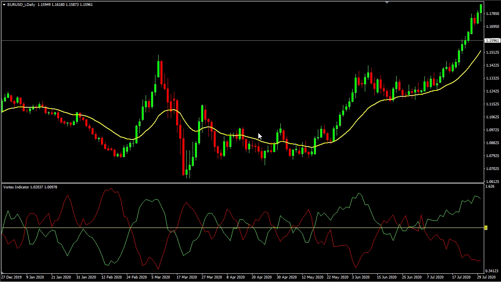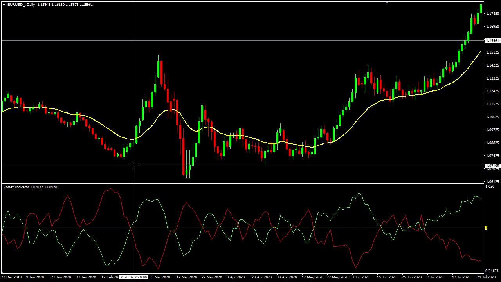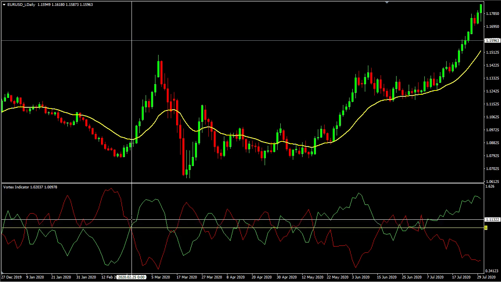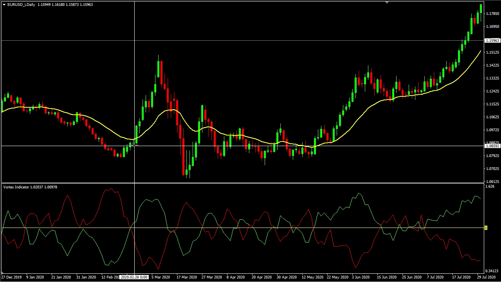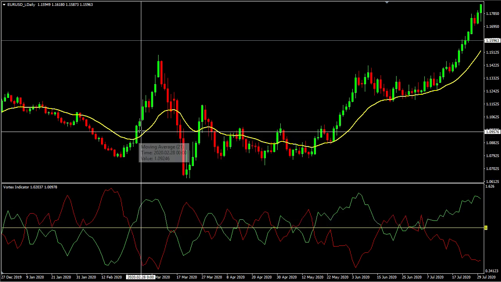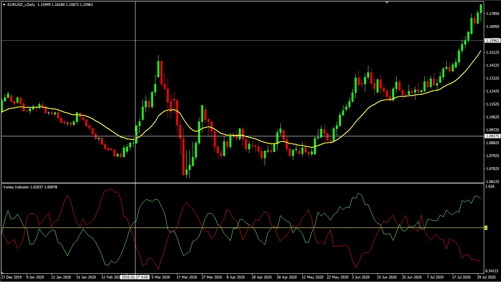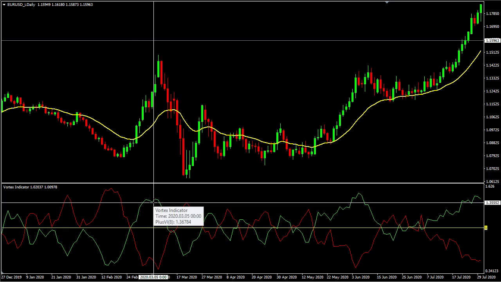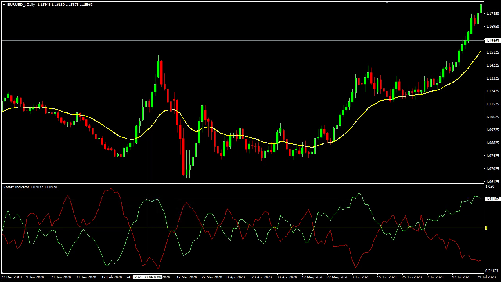So for example, here you get a signal to buy, and you wait until you see the candle going above the moving average, so you buy it here and you stay in the market until you see the line bending down.